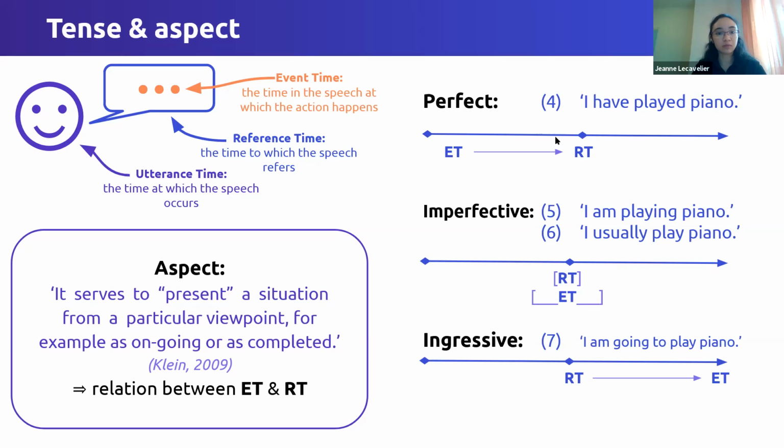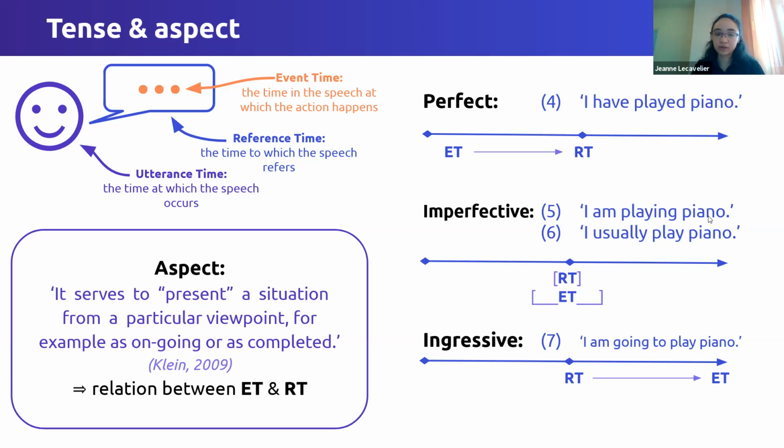We can also get the ingressive, which codes that the event time happens shortly after the reference time, or is about to happen, or at least is supposed to happen. And we also get, for instance, the imperfective, which codes that the reference time is included within the frame of the event time. So, for instance, it can be some ongoing aspect.